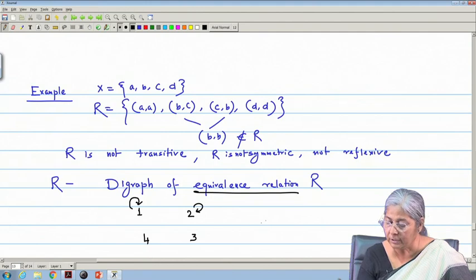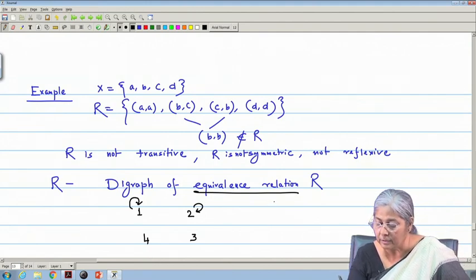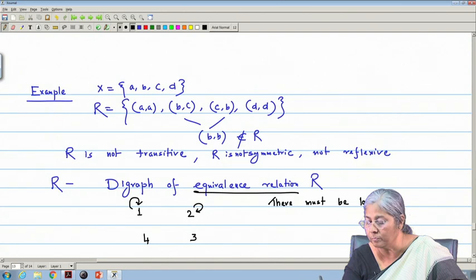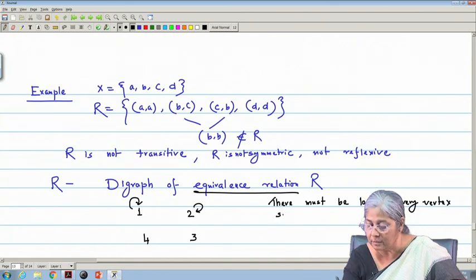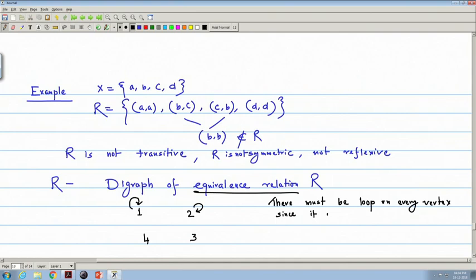So, the first thing we identify is that there must be a loop on every vertex, since it is reflexive.